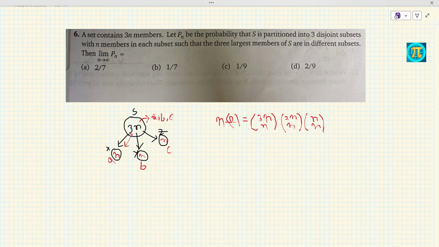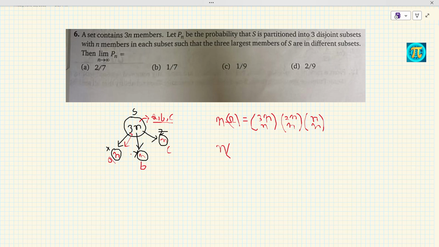And now we are going to calculate the number of elements in the event we are looking for, that is the set is partitioned such that the 3 largest members of this set S are partitioned into 3 disjoint sets such that they are in different sets.